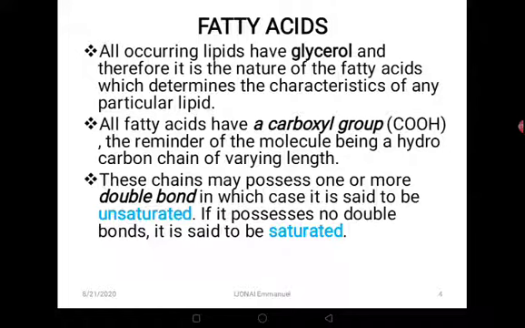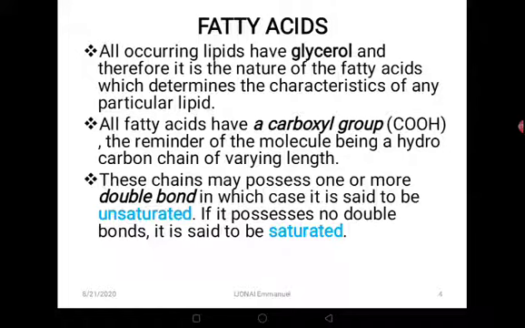So fatty acids can be grouped based on whether they possess double bonds or not. When they possess double bonds, they have fewer hydrogen atoms, so they are unsaturated. If they possess no double bond, they have more hydrogen atoms and are therefore saturated.